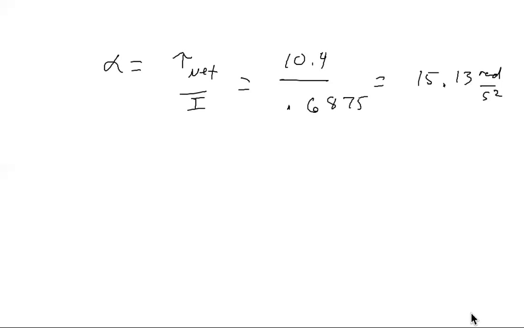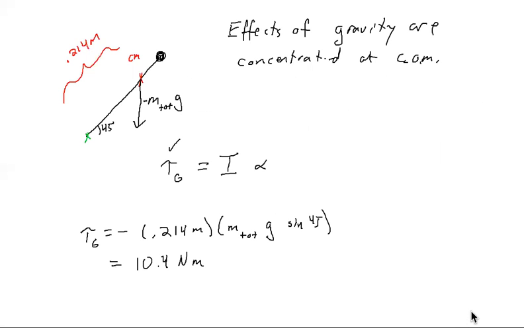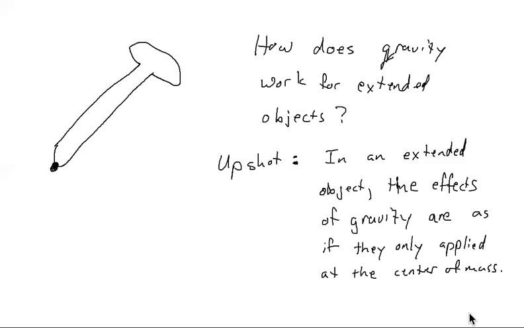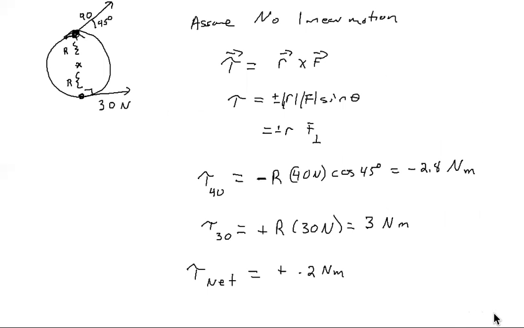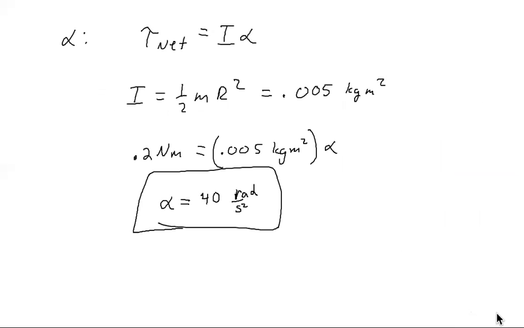Okay, so those are some good examples. The first example is really simple, just two forces, add them up, but you follow the standard flow. You find the net torque, figure out the moment of inertia, and then use torque equals I alpha to solve for alpha.